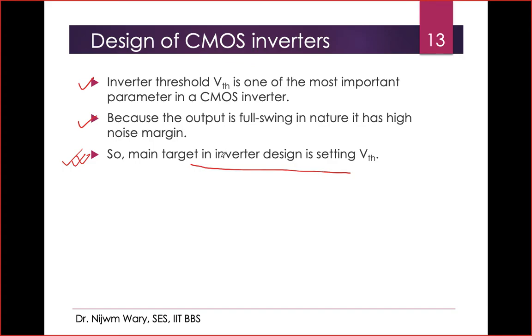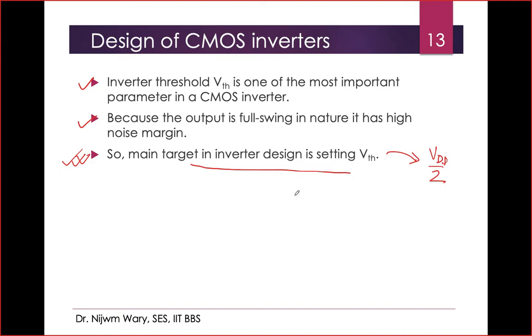What the designer sees is the setting of the threshold voltage. A good inverter tries to have an inverter threshold voltage of VDD by 2. Setting this threshold voltage to VDD by 2 is a good design, because beyond VDD by 2 there is the level of my logic 0, and below VDD by 2 I have the region of logic 1 in terms of output.